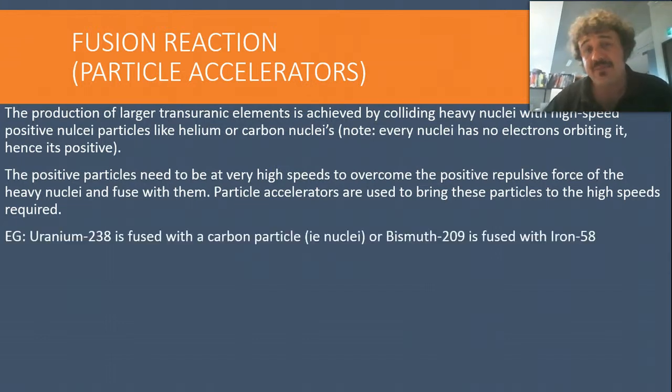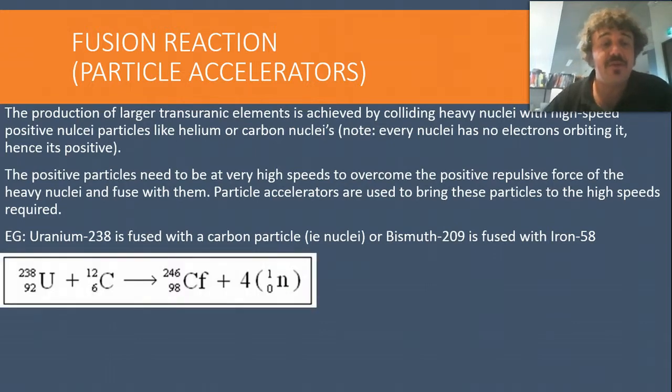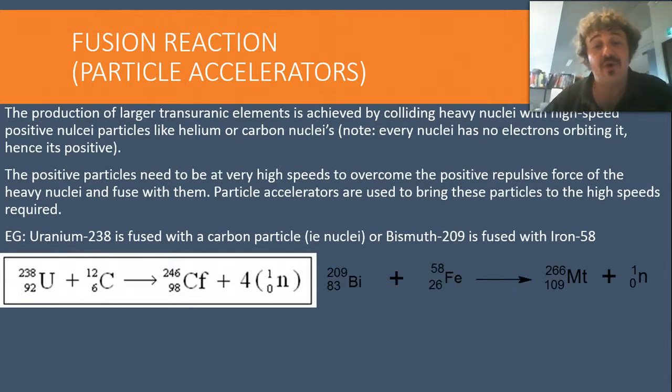Now, basically, uranium-238 is fused with a carbon particle, or another example we're going to look at, and these are the two that we will talk about in our next lesson. Bismuth-209 is fused with iron-58, and that's super heavy. So let's have a look. Uranium-238 is hit by a carbon atom. This gives us californium and 4 neutrons. Or bismuth-209 is hit with iron.